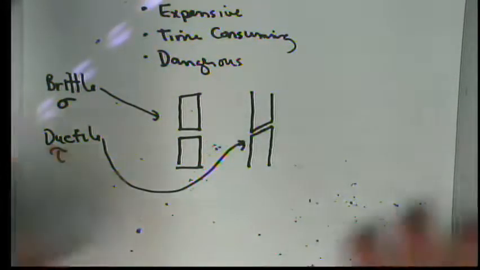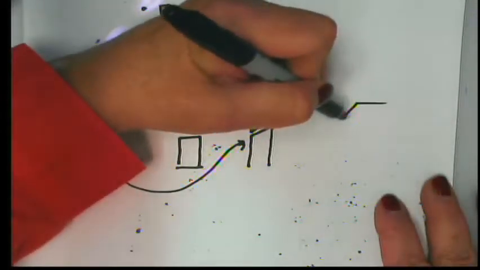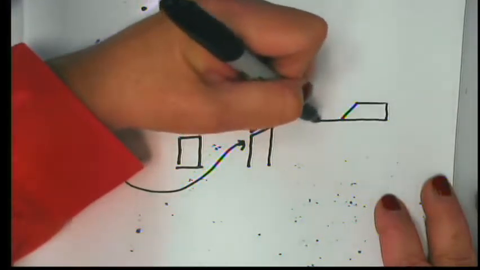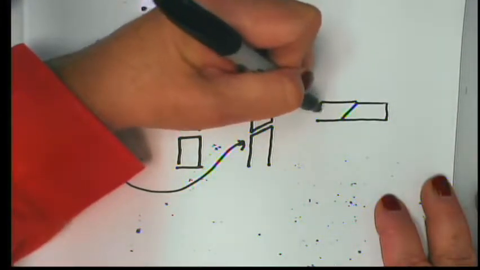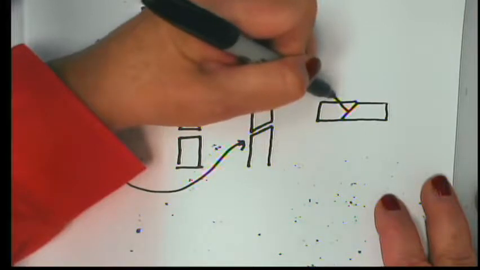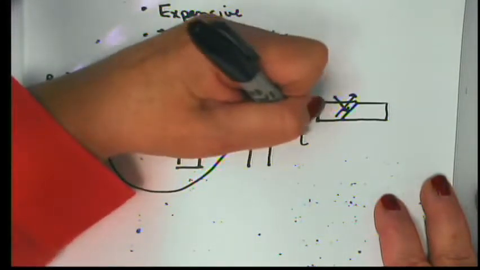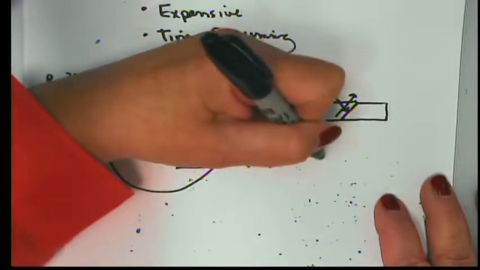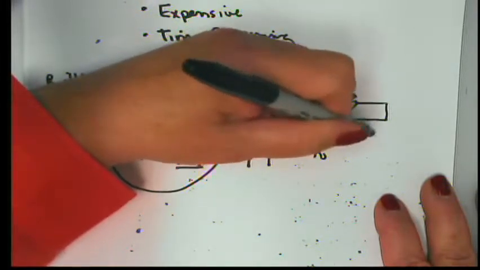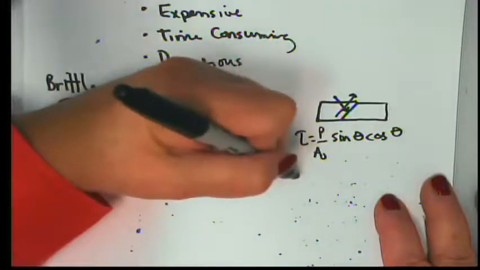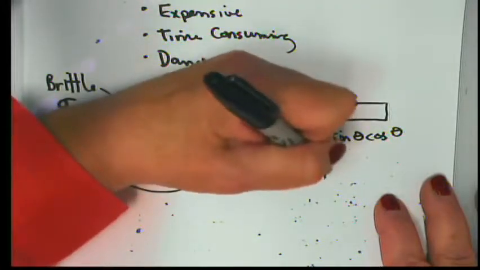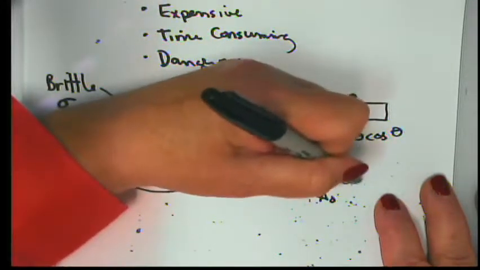And I don't know if you recall, but when we talked about those oblique surface failures, or the normal stress and shearing stress on an oblique surface, we indicated that tau was P over A0 times the sine of theta times the cosine of theta, whereas sigma is P over A0 times the cosine squared of theta.